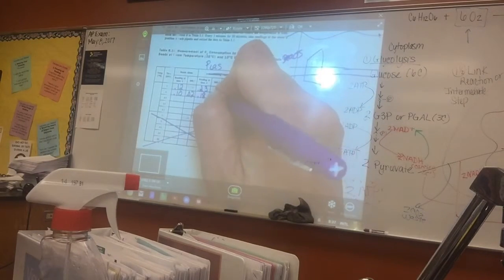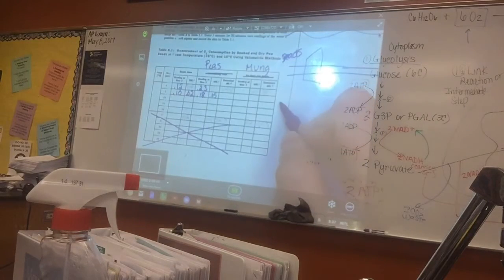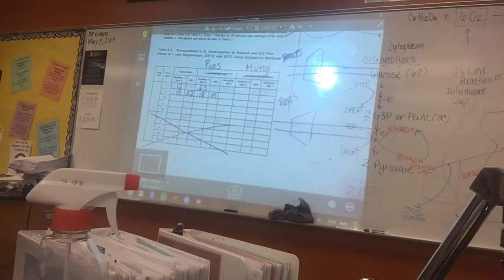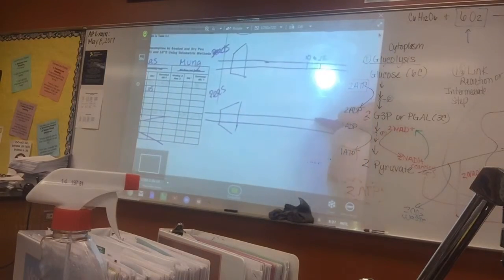My difference is 0.05. So again, looking in a picture here to make sure that we all understand what's going on here. So in our peas, it started out at 0.23 and went into 0.18. So therefore, it looks like my peas took in 0.05 milliliters of oxygen.